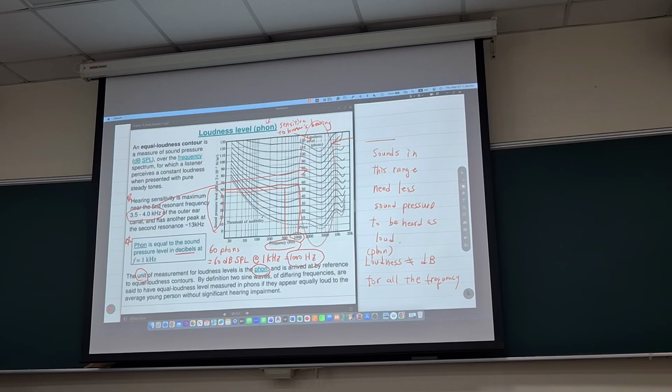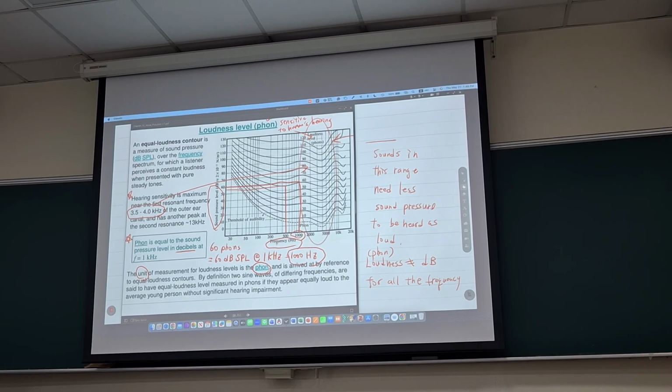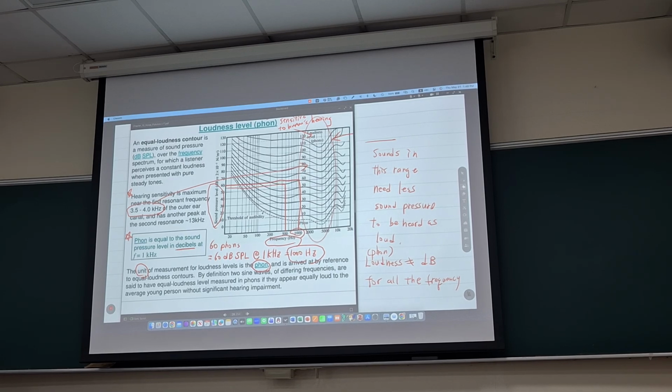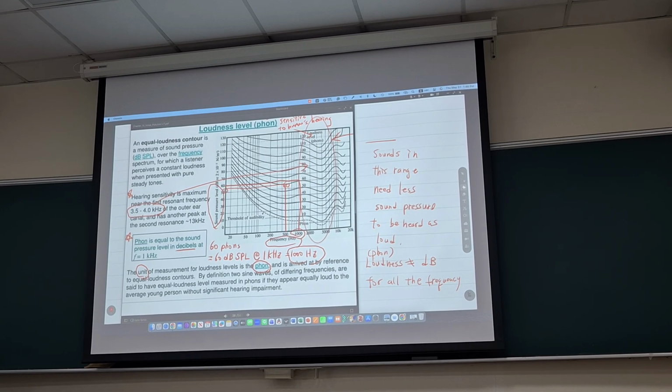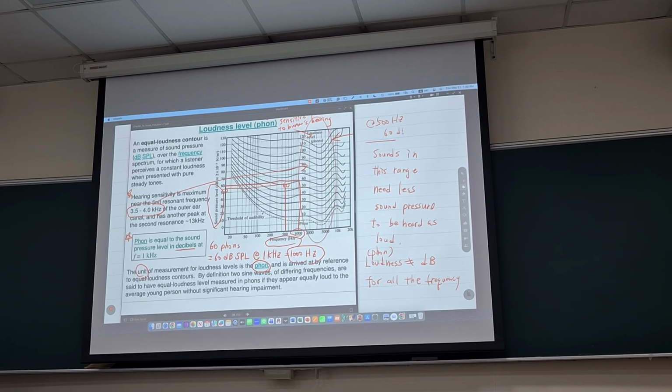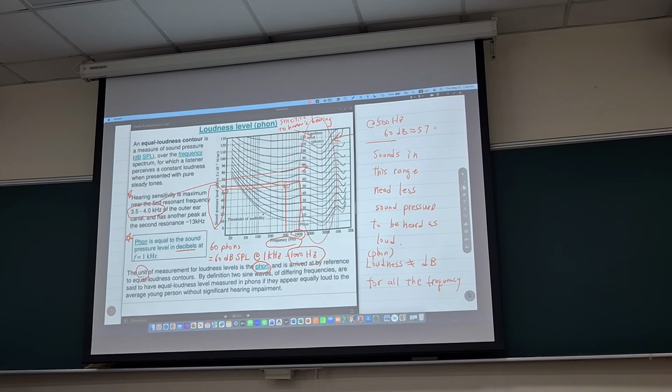So 60 decibels becomes something in between, let's say 57 phones. At 500 hertz, 60 decibels is pretty close to 57 phones. You know what I'm saying? Understand? So by adjusting frequency, you can adjust the loudness.